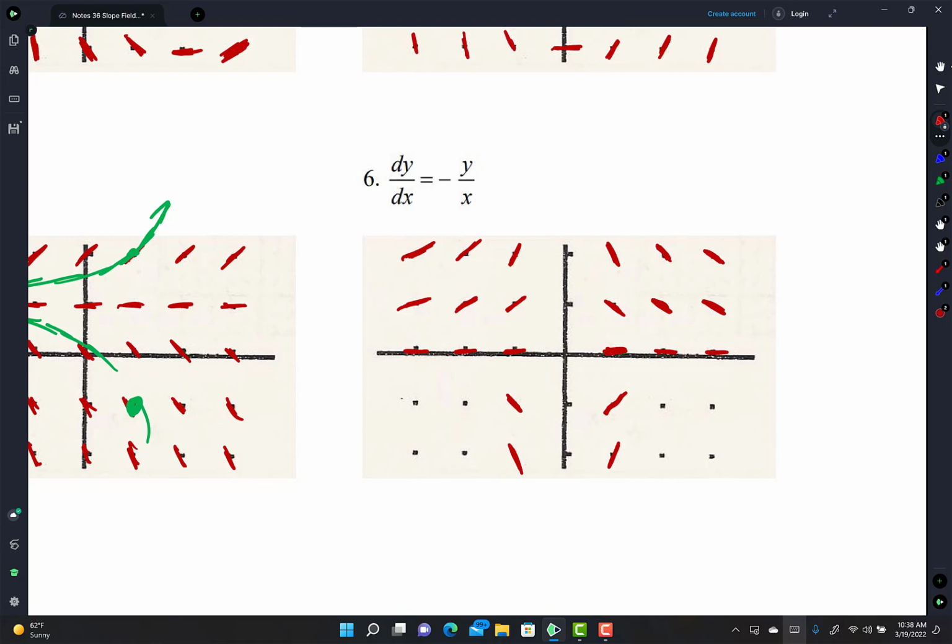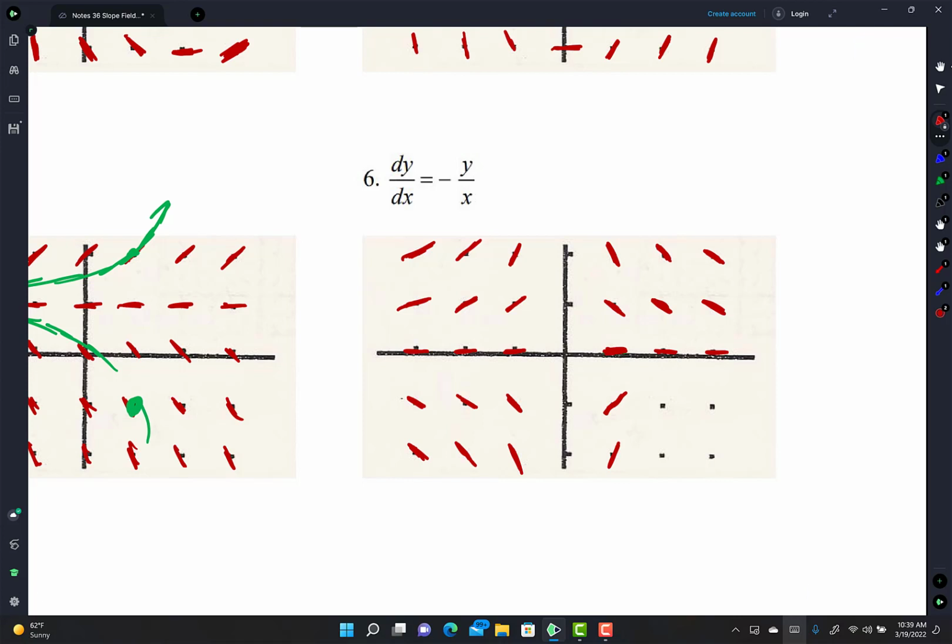Everything in quadrant 3 is negative. -2, -1 is going to be a -1/2. -2, -2 is going to be a -1. All right, -3, -1, that's -1/3. -3, -2, that's going to be -2/3. So a little steeper. All right, there it is.